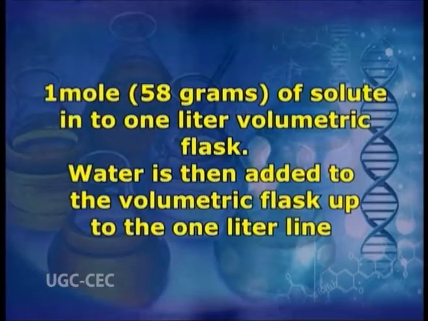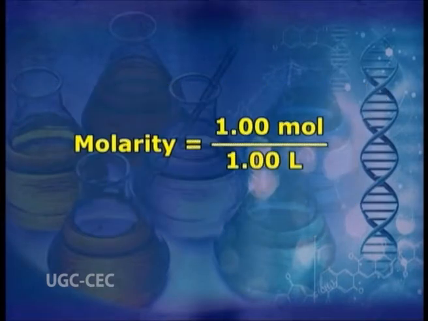Now, taking data from the example above, we will use 58 grams of sodium chloride. Water is then added to the volumetric flask up to the 1 liter line. The result is a 1 molar solution of sodium chloride. The equation goes like this: molarity is equal to 1 mole in 1 liter.